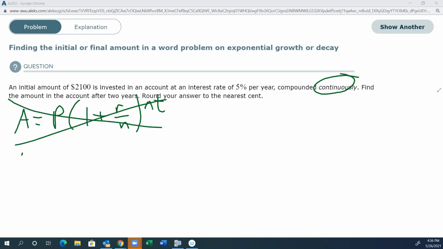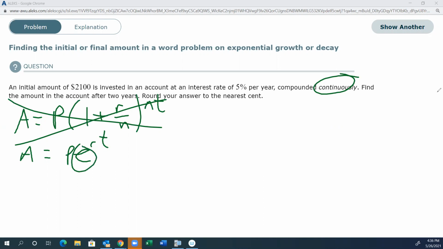Well, then that means you need a new formula: A equals Pe^(rt). Once again, P is the original amount, A is the final amount of whatever you're counting, in this case money. R is still the interest rate. T is still time, measured in years.